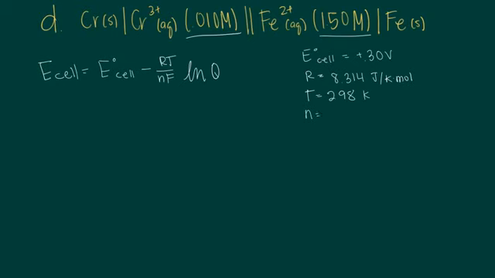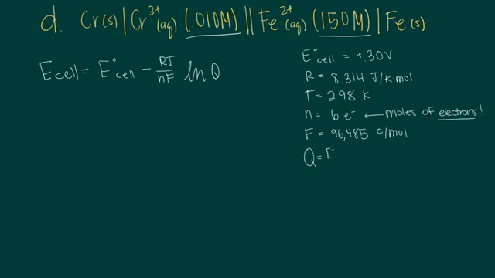N is the number of moles of electrons in the overall reaction, which we determined earlier to be 6. F, Faraday's constant, is going to be, as always, 96,485, and that is going to be in coulombs per mole. And Q is going to be our products over reactants.